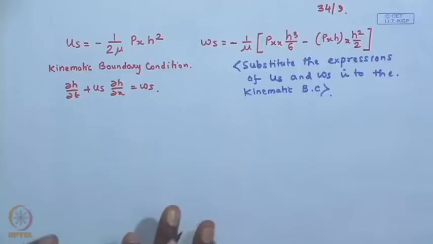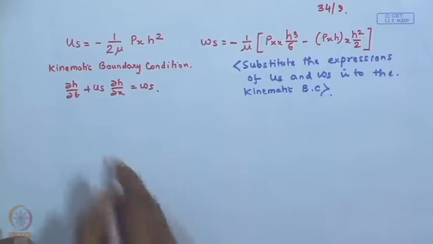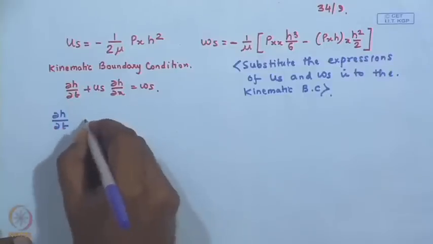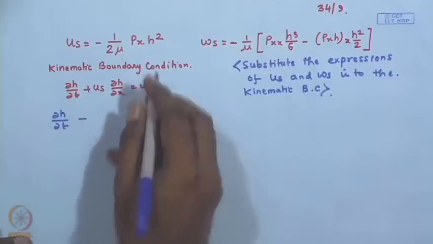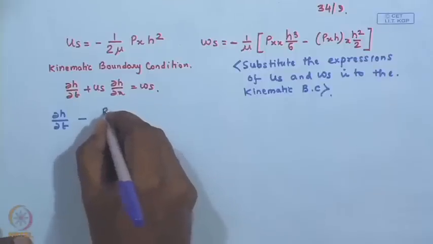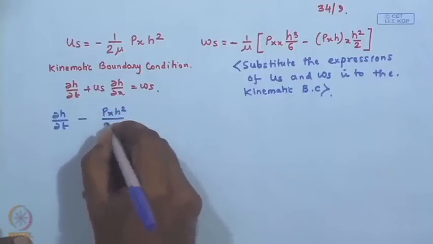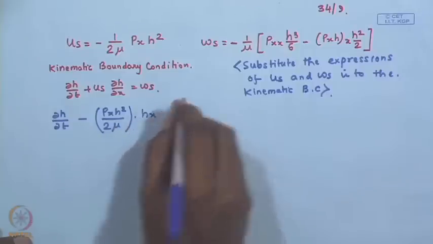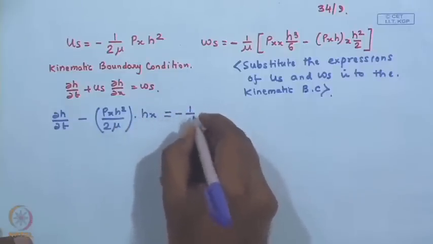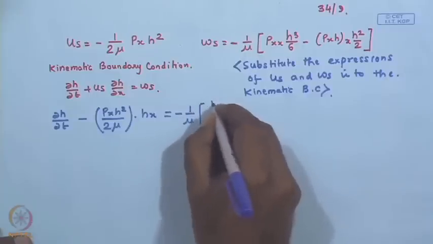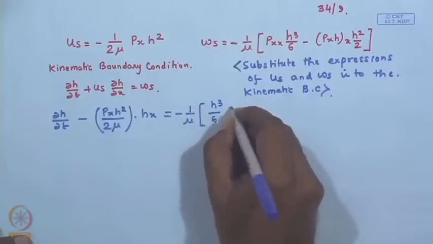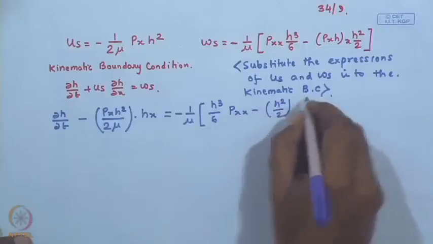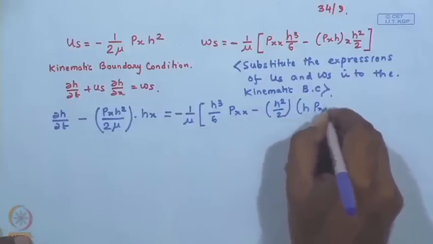Once you do that, what you get is ∂H/∂t plus, substituting the expression for Px H²/2μ into Hx, equals minus 1/μ times H³/6 Pxx minus H²/2 H Pxx.